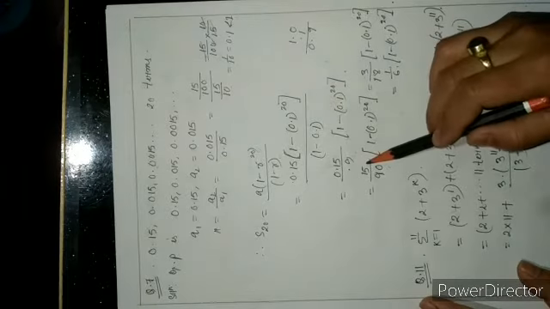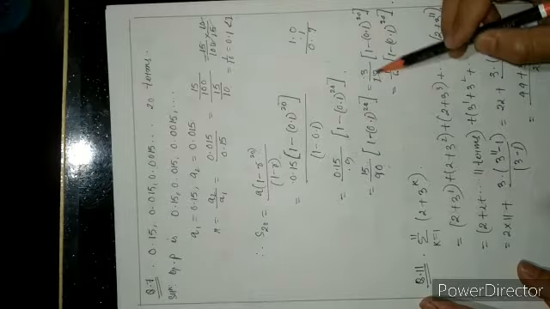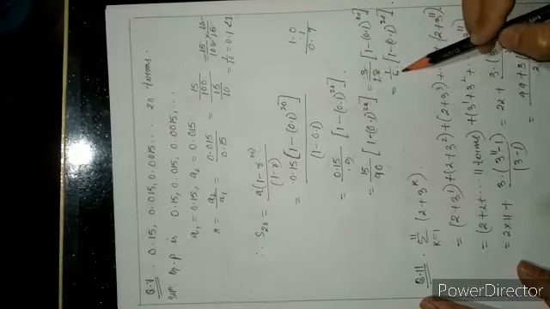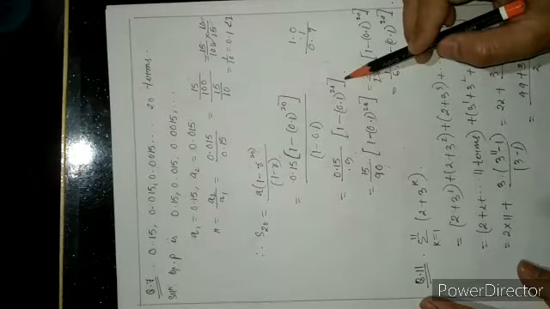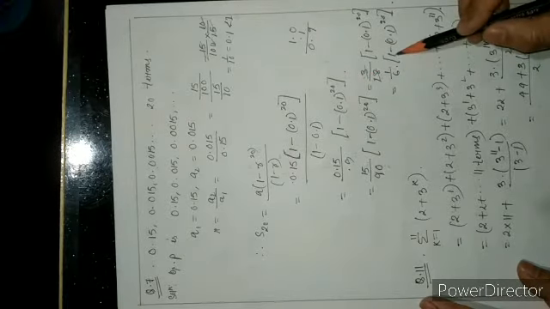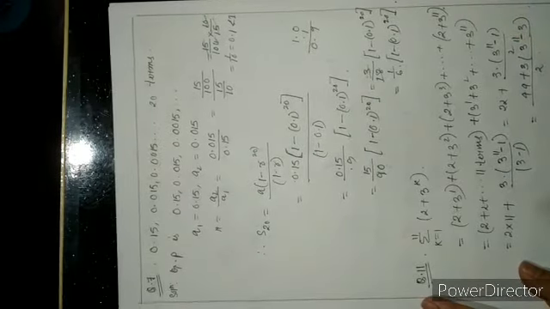So the sum of the first 20 terms of the geometric progression is 1 by 6 times 1 minus 0.1 to the power 20. That completes this question. Next is question number 11.